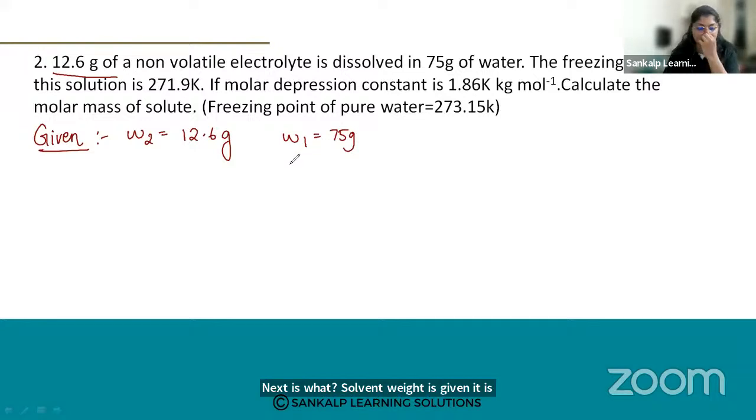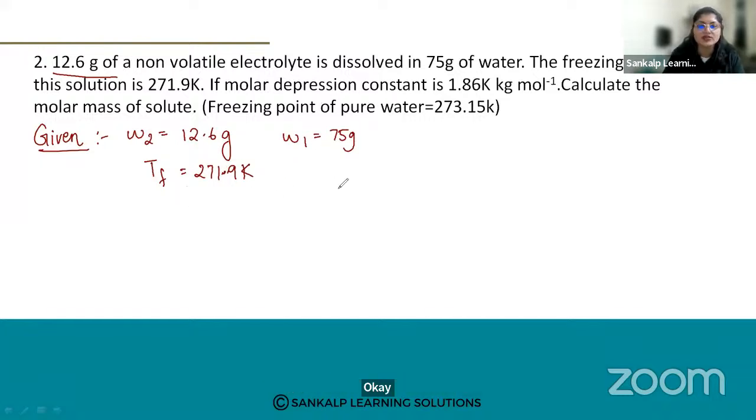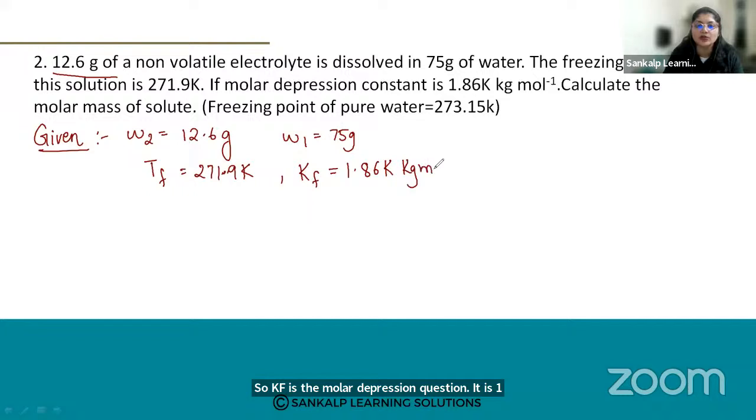The freezing point of the solution is given as TF. TF is given as 271.9 Kelvin. Then the molar depression constant is given as Kf. So Kf is 1.86 Kelvin kg per mole.